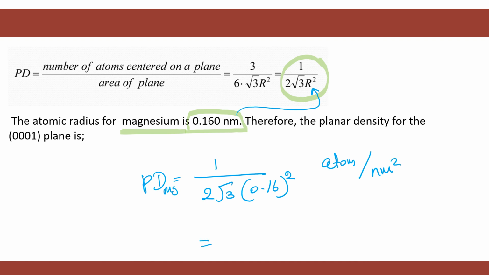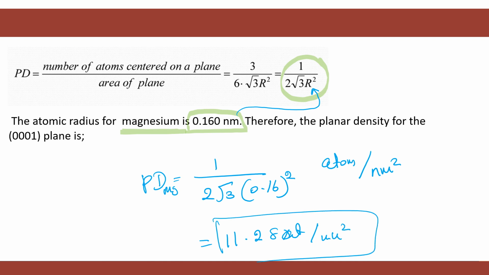So you get something here. Do you get 11.28, yes, 11 atoms per nanometer squared? Do you get this? Did you get 11.28?